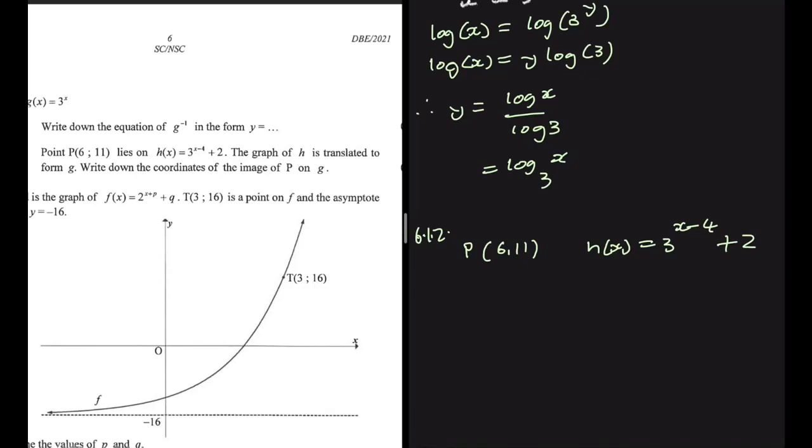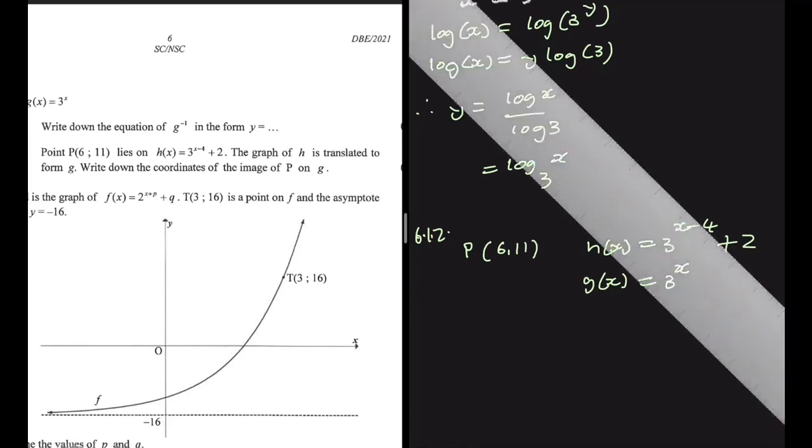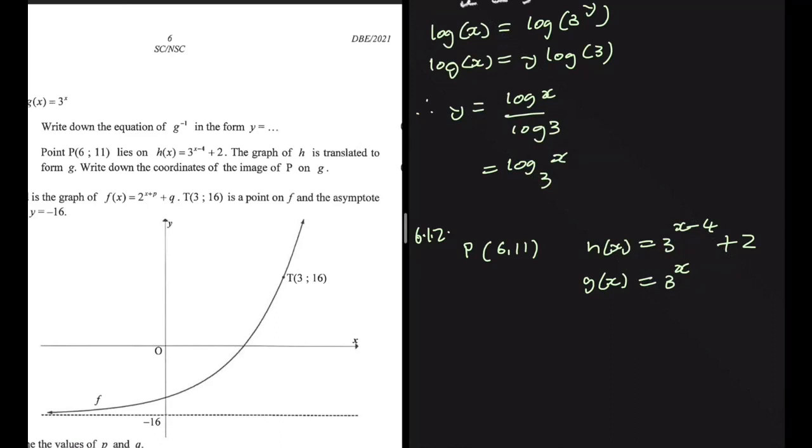The graph of h is translated to form G. So we're translating h of x to form G. We know that G of x is equals to 3 to the power x, right? So now the question is saying, let's write down the coordinates of the image of P on G. So we need to translate P, right, the same way h of x is being translated to G. So let's call this P prime and see what we have.